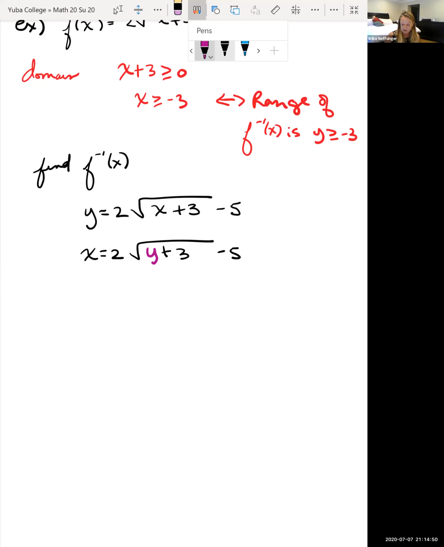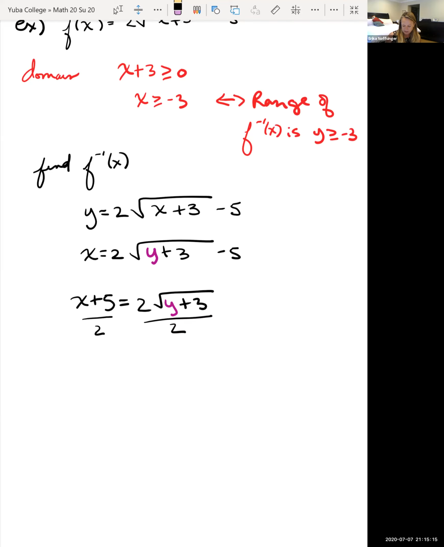And adding 5 to both sides, we would get x plus 5 is equal to 2 square root of y plus 3. And we need to get that 2 on the other side, so we can do that by dividing both sides by 2. So we have x plus 5 all over 2 is equal to the square root of y plus 3.